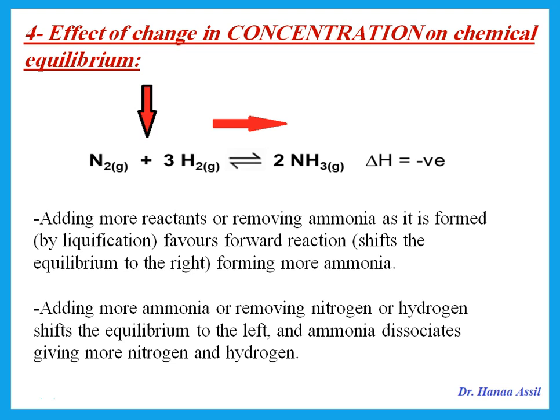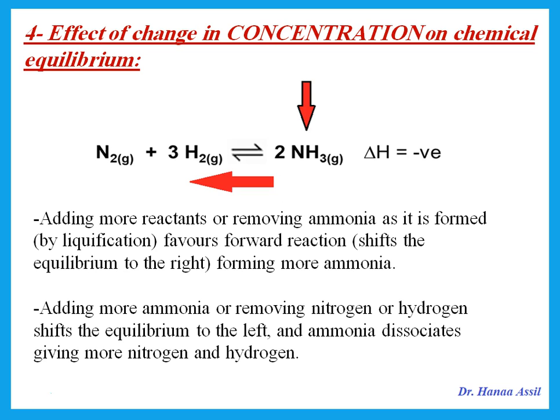Removing the products, or removing the ammonia, will also cause it to go forward. Now, if I add more ammonia, it will go backward in order to use up this extra amount of ammonia. So remember, adding more reactants causes the reaction to go forward. Adding more products causes the reaction to go back.